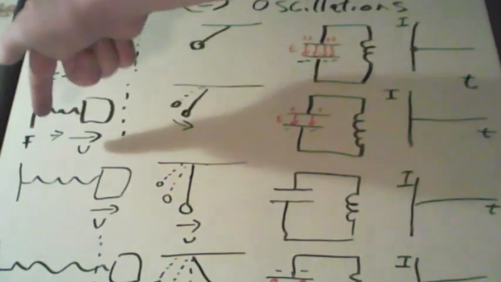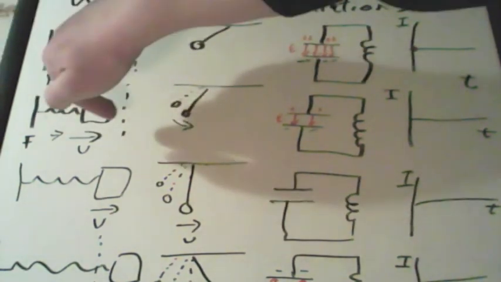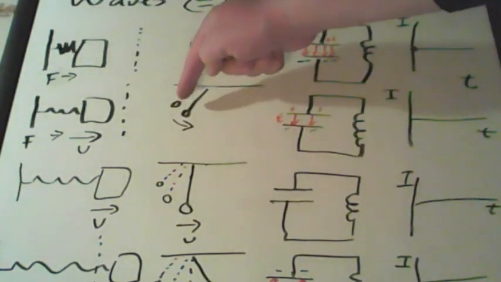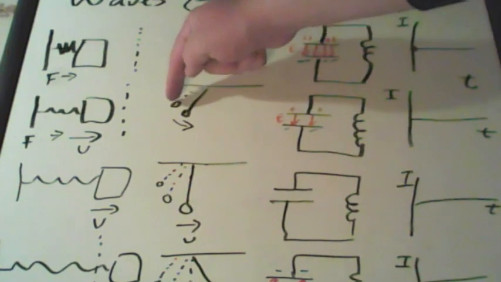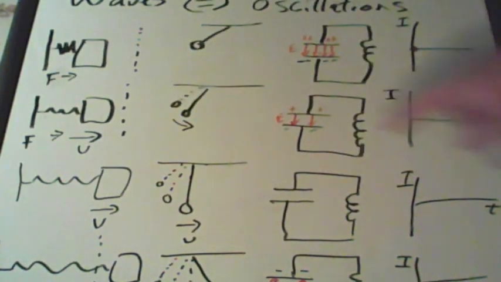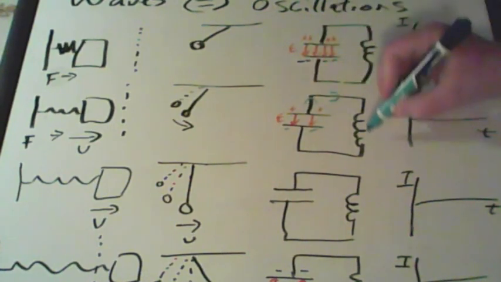If I release the mass on the spring, it'll begin moving. The force will push it this way. The speed's going this way. If I release the pendulum, it'll begin moving. The ball begins to swing down toward equilibrium, but it's still got some potential energy. In the case of the LC circuit, electric current begins to flow around the circuit.